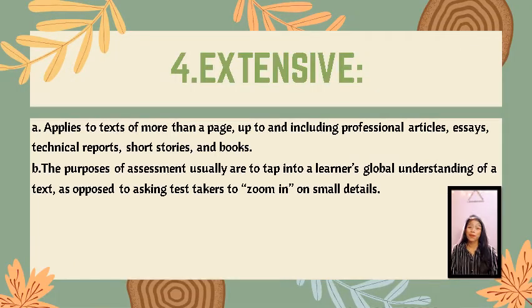The next type of reading is extensive reading. Extensive reading applies to texts of more than a page, up to and including professional articles, essays, technical reports, short stories, and books. The purpose of assessment usually is to tap into a learner's global understanding of a text, as opposed to asking test takers to zoom in on small details.